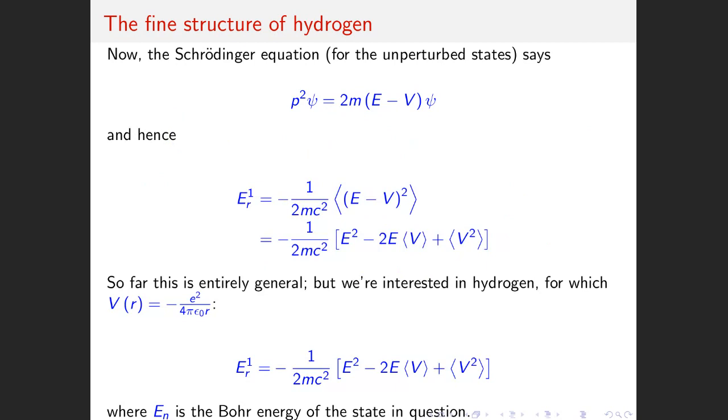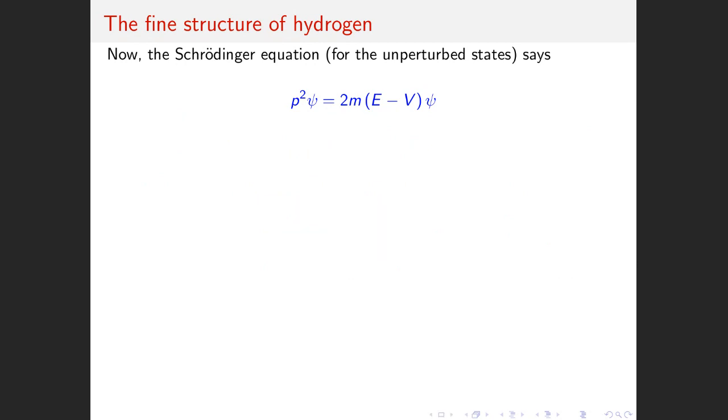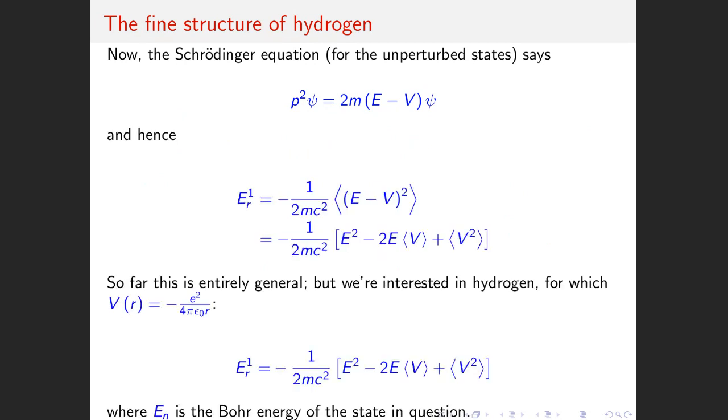Right. So we are there, but we know what is V for the hydrogen atom. So V is just given by minus e squared over 4 pi epsilon_0 divided by r.